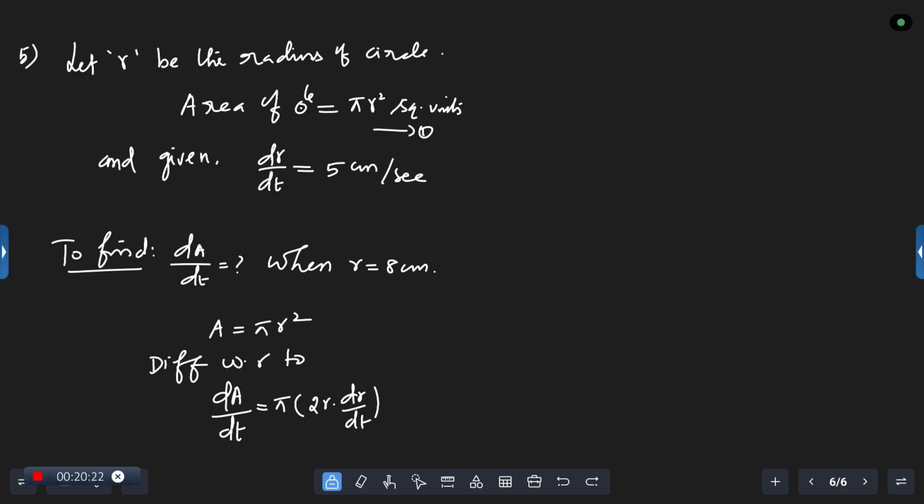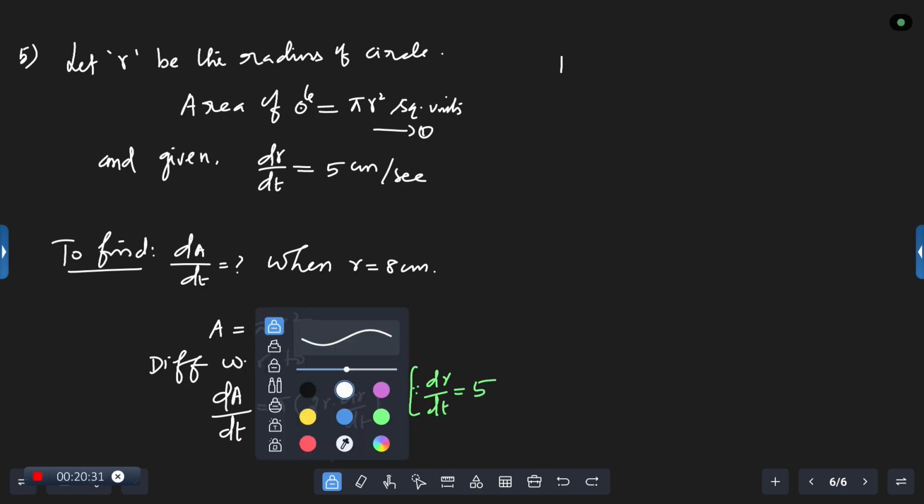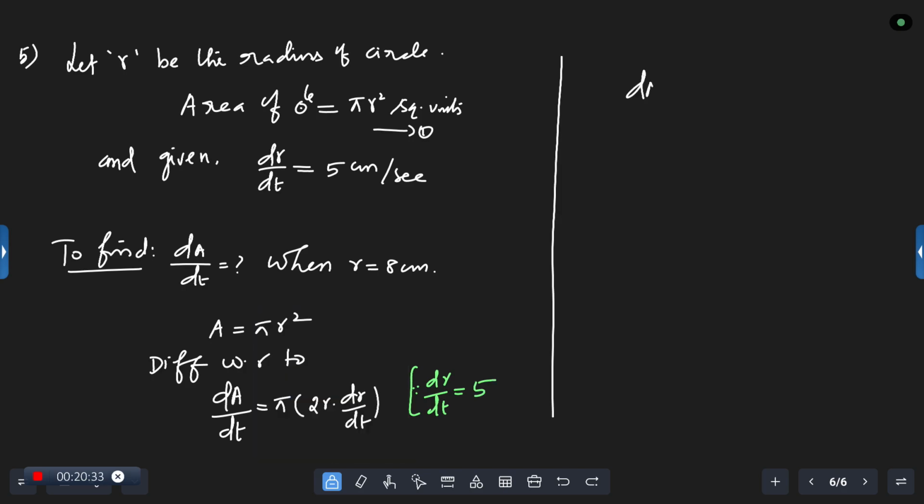What is dr by dt given? Here dr by dt equal to 5. Then finally dA by dt equal to 2 pi r into 5, that is equal to 10 pi r.